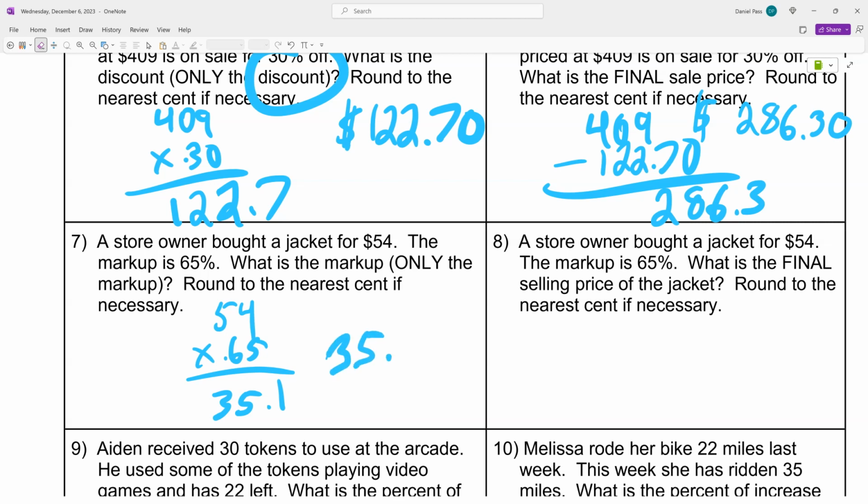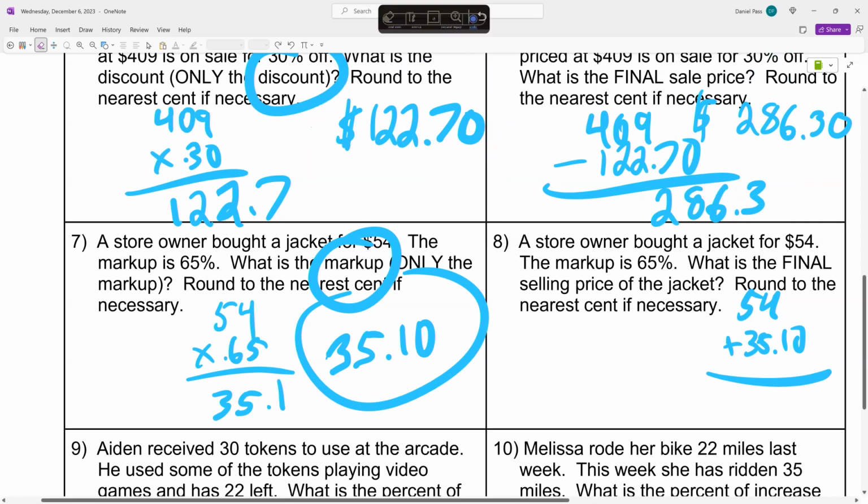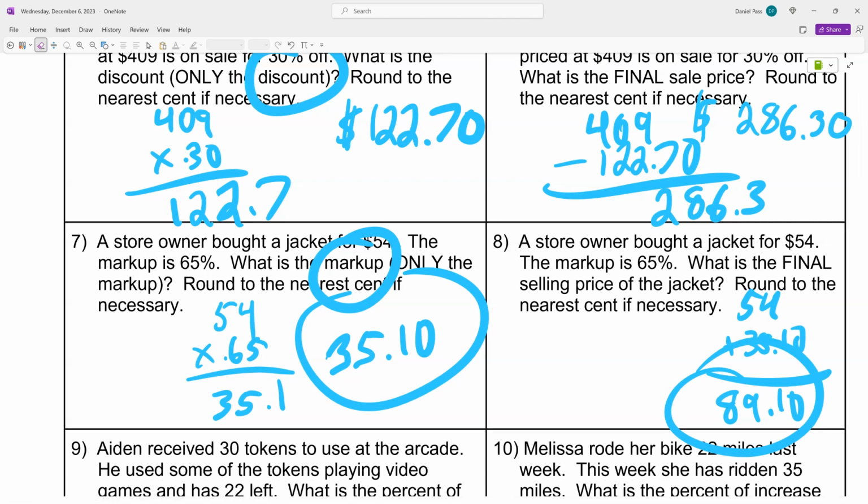Good. $35.10. Now what do we do? Markup. Remember, anything that's not discount is addition. So we just add it. $54 plus 35.10. Again, I put the only and final price problems right next to each other. $89.10. Done. Any questions? No.